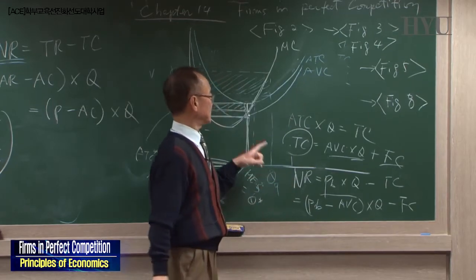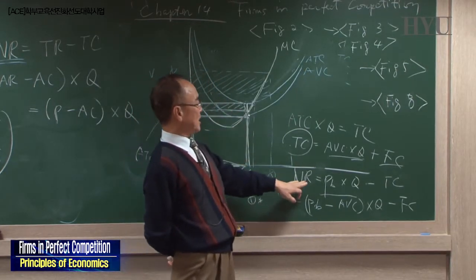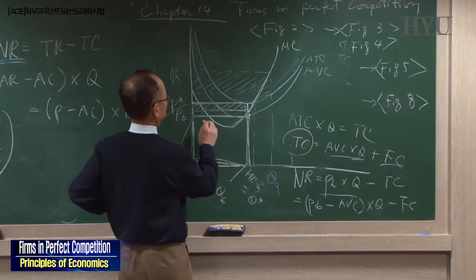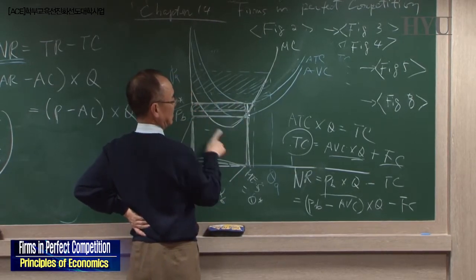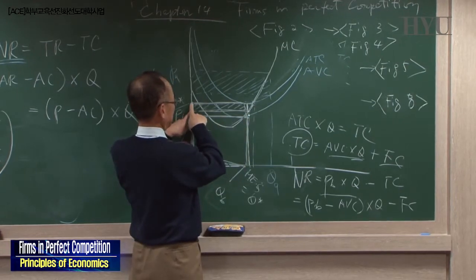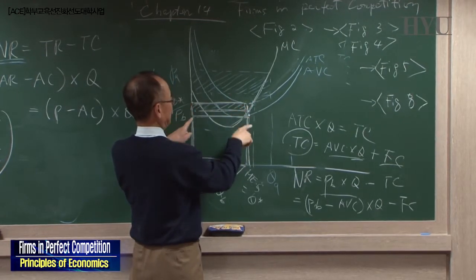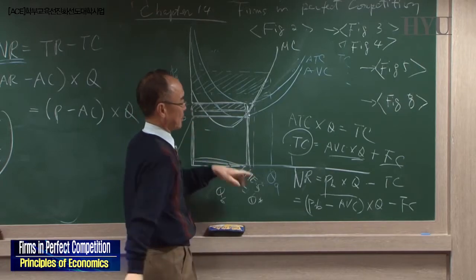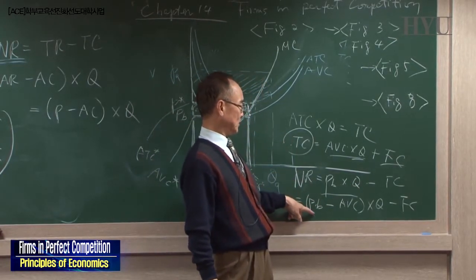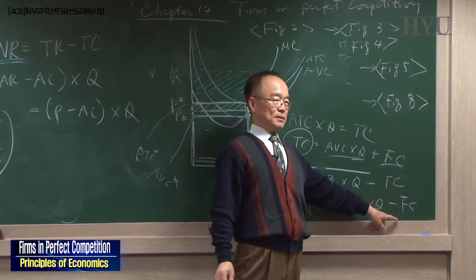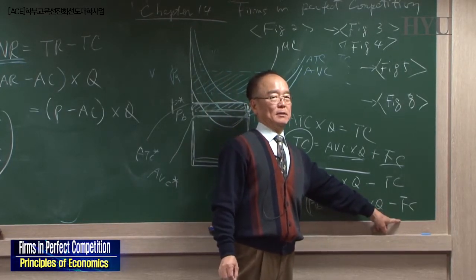From this equation, net revenue is this one. This is negative, because price is this, ATC is this. But analyzing it further, you have to pay FC anyway. Zero, even zero.